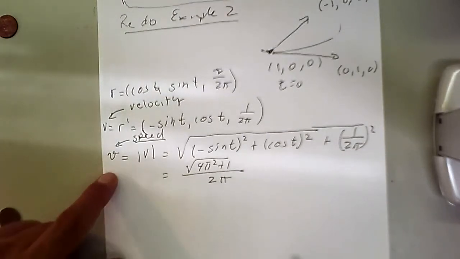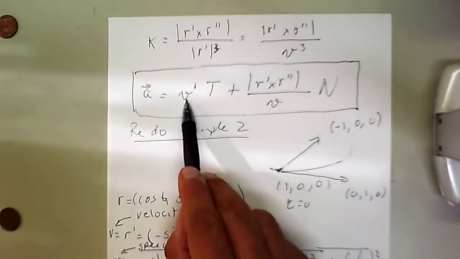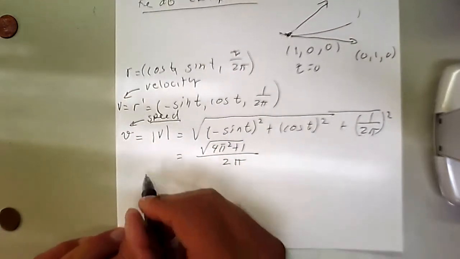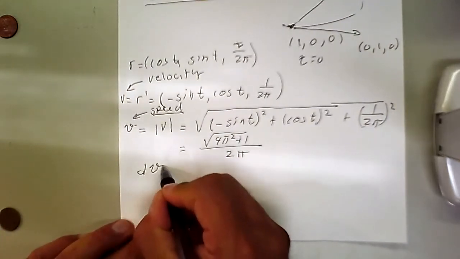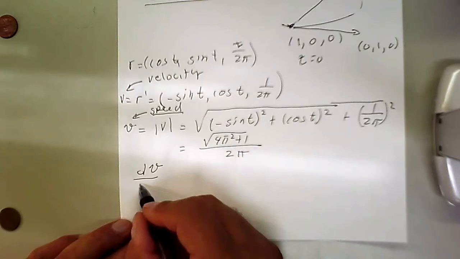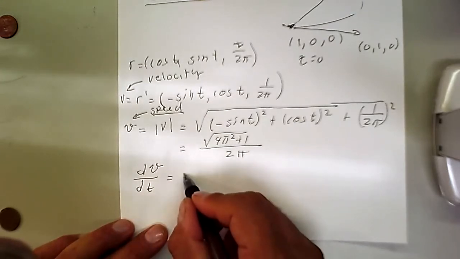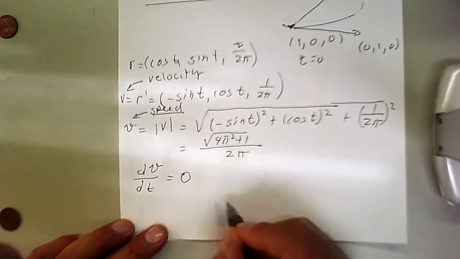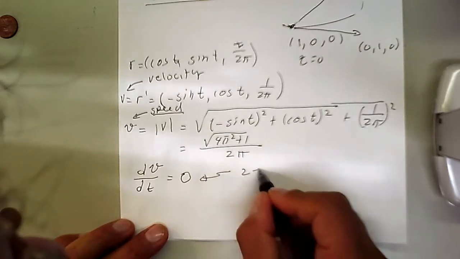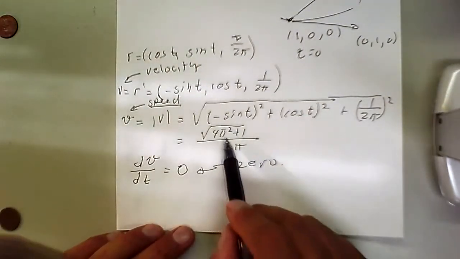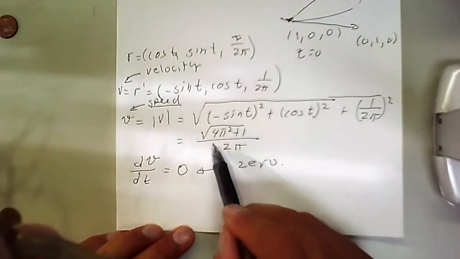Okay, so that is the speed, but that's not the tangential component. We have to find the derivative of it with respect to t. So the derivative of this number with respect to t is 0. Just 0. Because this is a constant, there's no t involved in here.